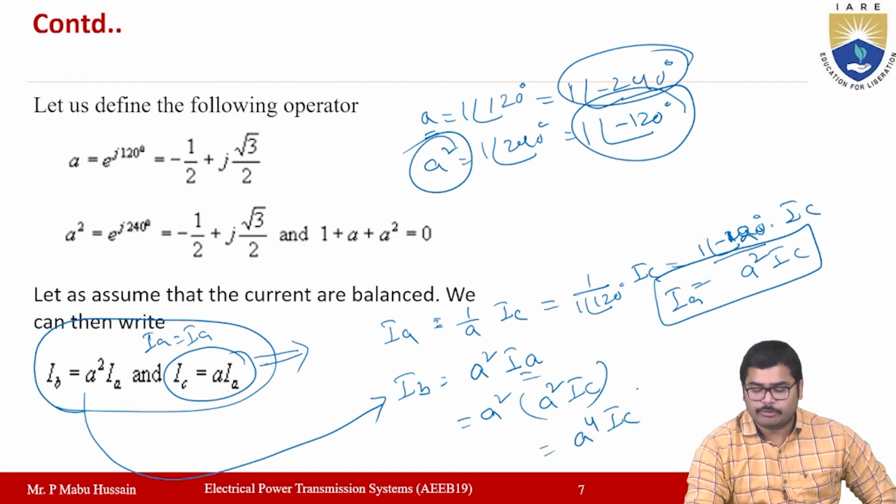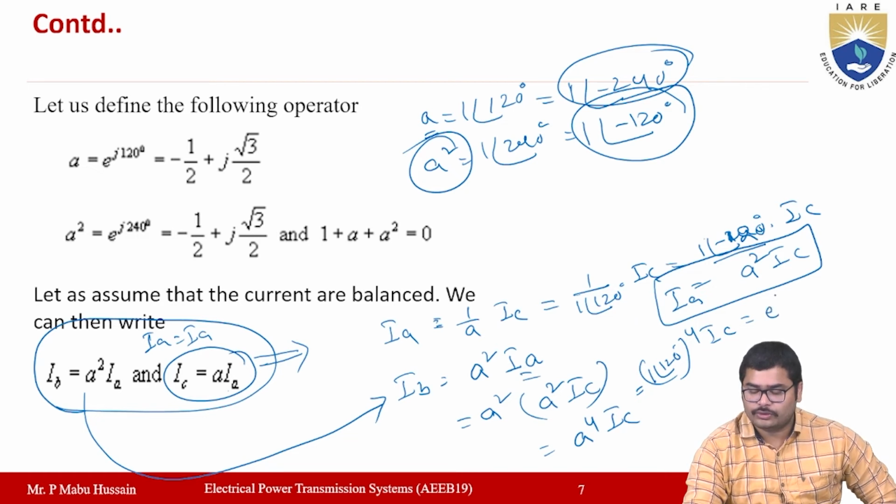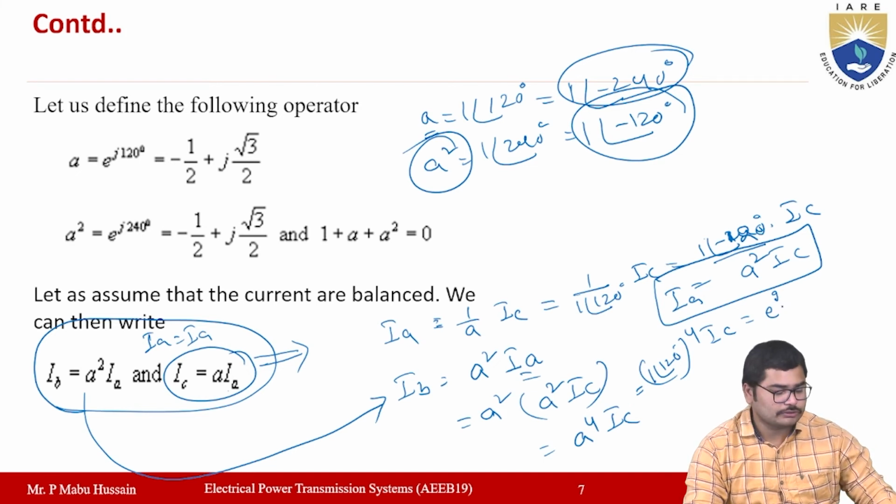Right, A power 4 is in the sense 1 at an angle 120 degrees whole power 4 into IC. Okay, so this you can even write as e power j 120 into 4, so 480, into IC.